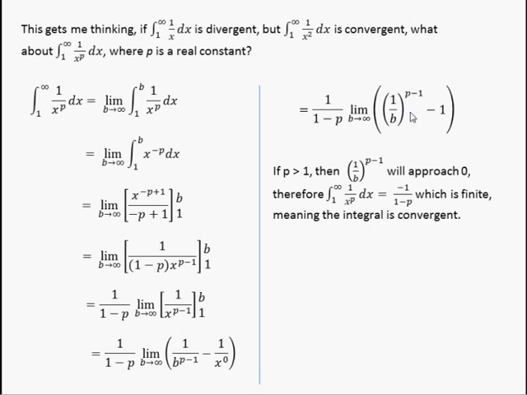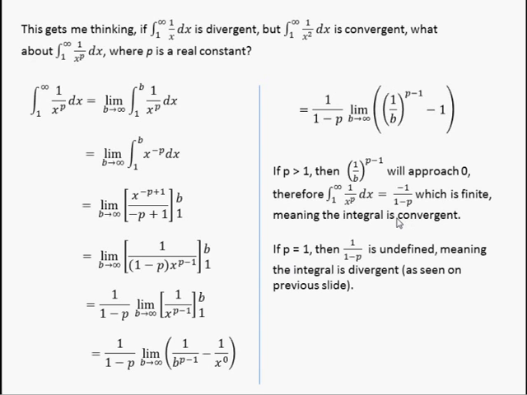So therefore we'll have 0, we'll have minus 1 here, so the integral will just be minus 1 over 1 minus p, or if you want, it would be 1 over p minus 1. Meaning, because they're all constants, 1's a constant and p's a constant, you've got a convergent integral. We had this one before.